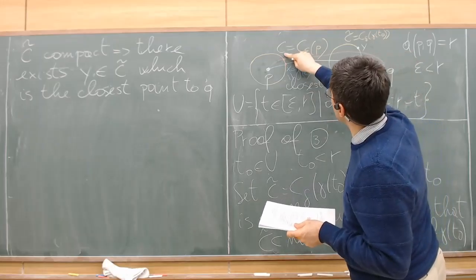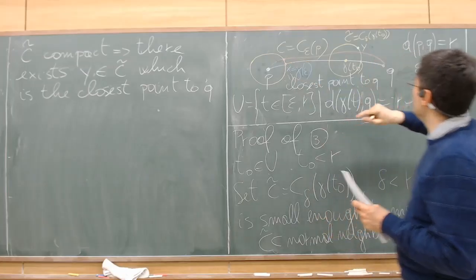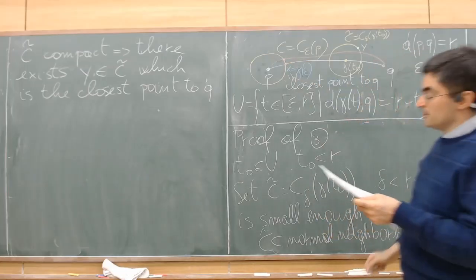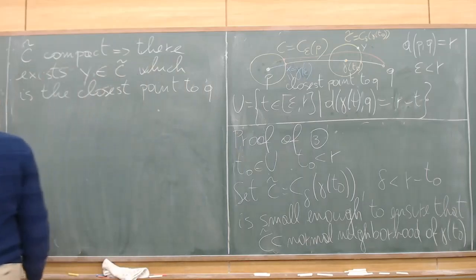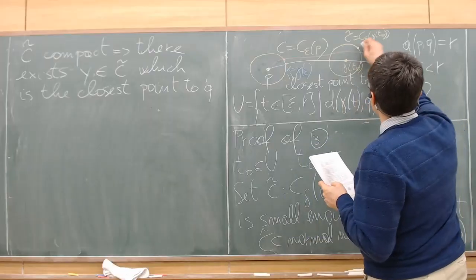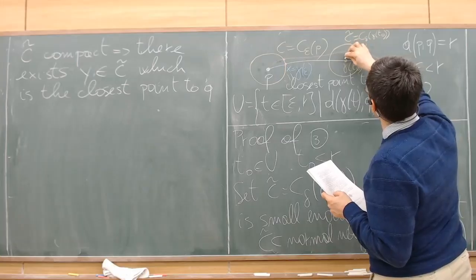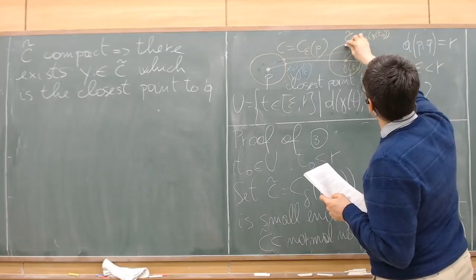We forget this Y, we don't need it anymore. And by definition of distance circle, we know that this distance here is delta.